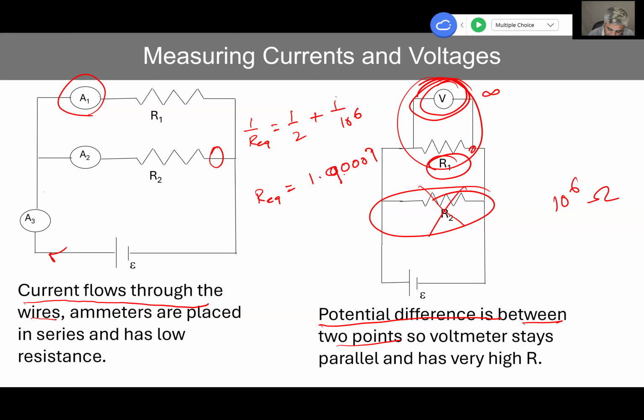It would be 1.9 and then 0.001, something like that. Okay, still, I think there would be 9999, something like that. Very close to 2.